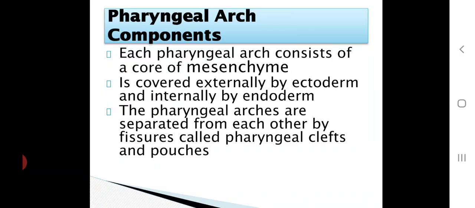It consists of a core of mesenchyme, mainly neural crest mesenchyme as we said. It is covered externally by the ectoderm and internally by the endoderm. These pharyngeal arches are separated from each other by fissures called pharyngeal clefts on the ectodermal side. On the endodermal side, they are called pouches.